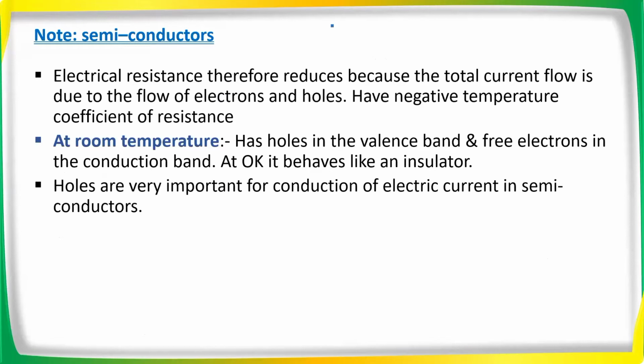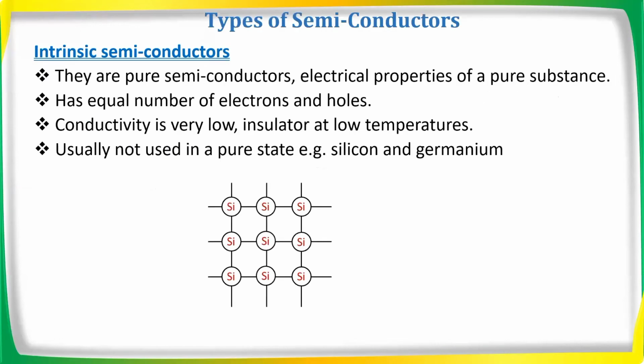Unlike for a conductor, where when you increase the temperature, you increase the resistance. For a semiconductor, you increase the temperature, you reduce the resistance. Holes are very important as far as semiconductors are concerned.